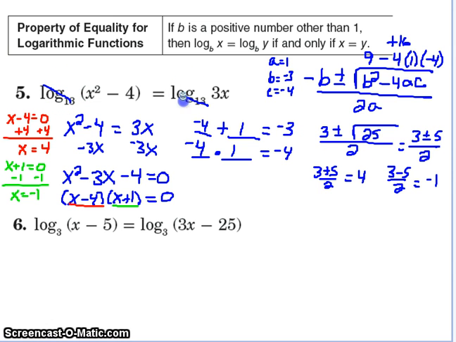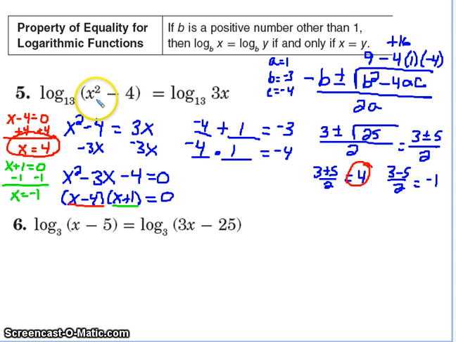Let me erase that so we can see it a little bit better. If we plug in on this side, then 3 times 4 is just going to give us a 12 as well. So first one checks. Yay, x equals 4 is a possibility. That one's good. That's one of our answers.